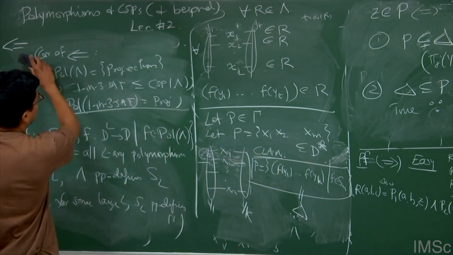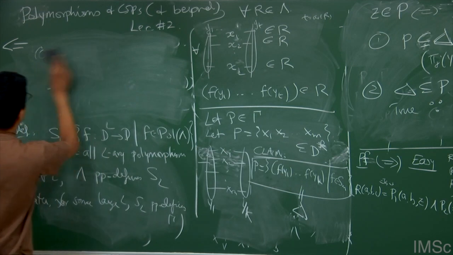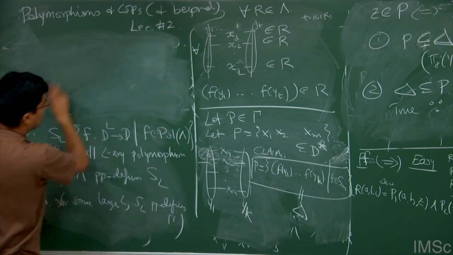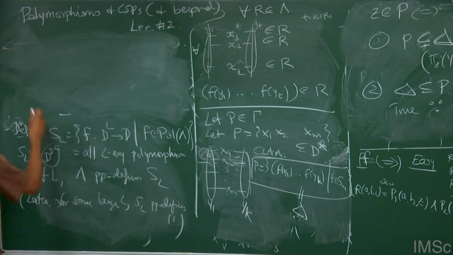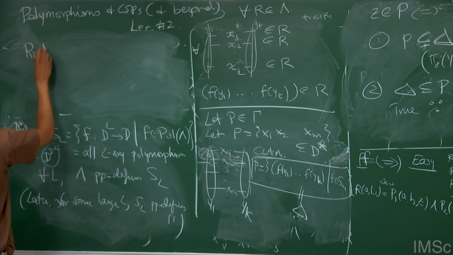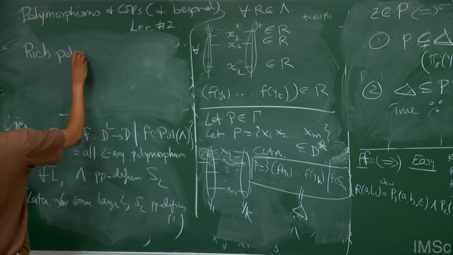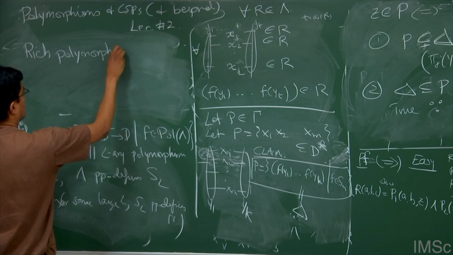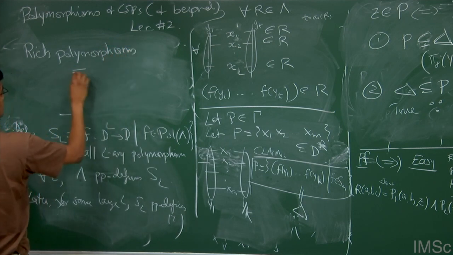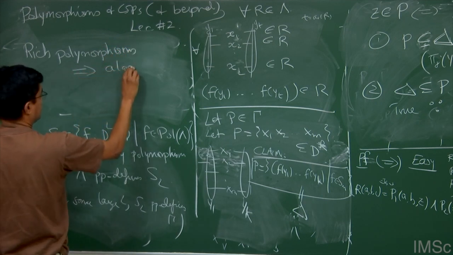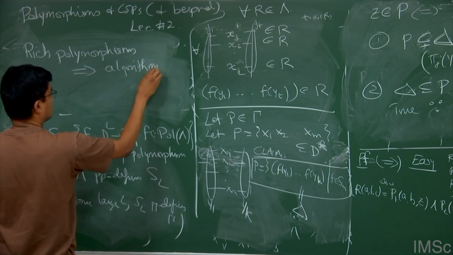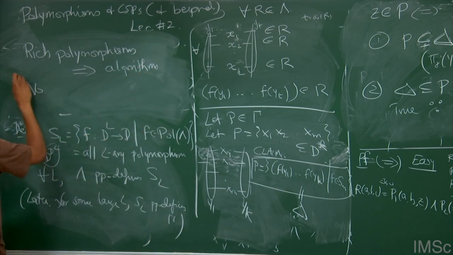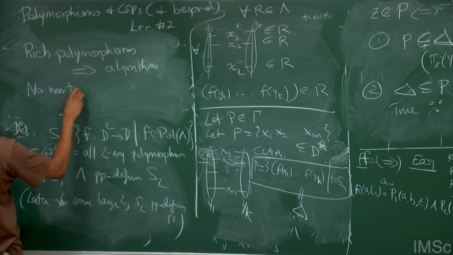But now let's continue, just to give this idea that the polymorphic principle says rich polymorphisms imply algorithms, and no non-trivial polymorphisms imply hardness.